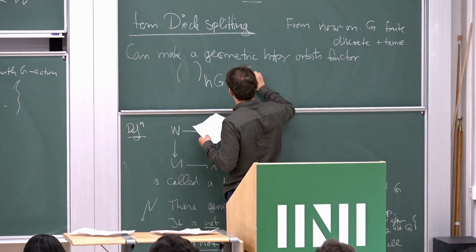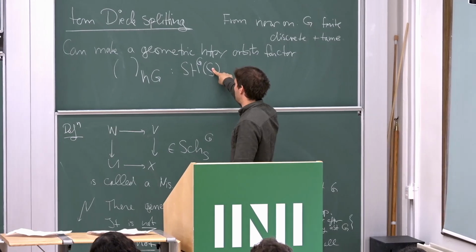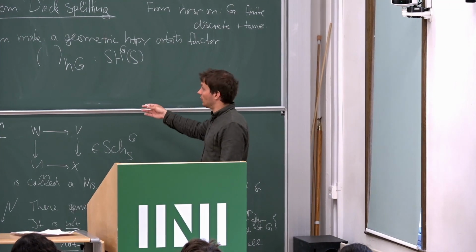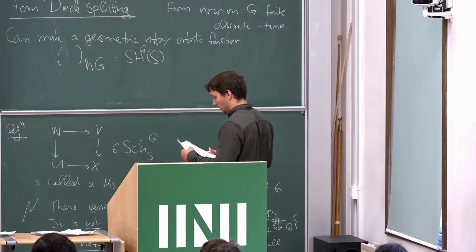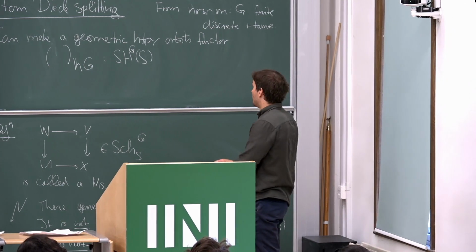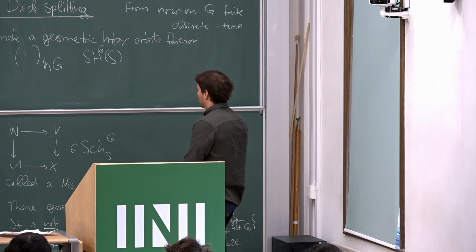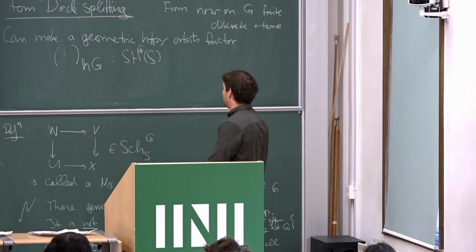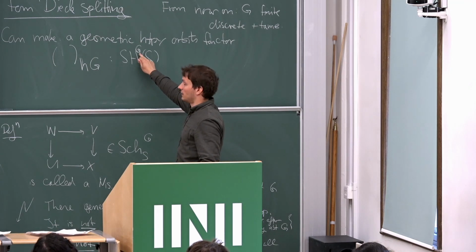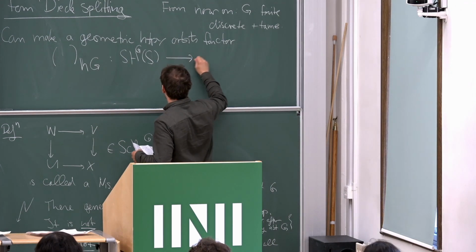And let's say it starts at SH^G of S. So for simplicity, now I'm going to take the scheme to be the base scheme. There are variants also for X, but it gets more complicated in notation, and I want to highlight the similarities with the classical genuine equivariant homotopy theory, which is usually done in this situation here. I guess because every finite G-set is a disjoint union of orbits, and then you immediately reduce to these kinds of things for various groups. Anyway, you look at this thing, and it will go to usual motivic spectra.